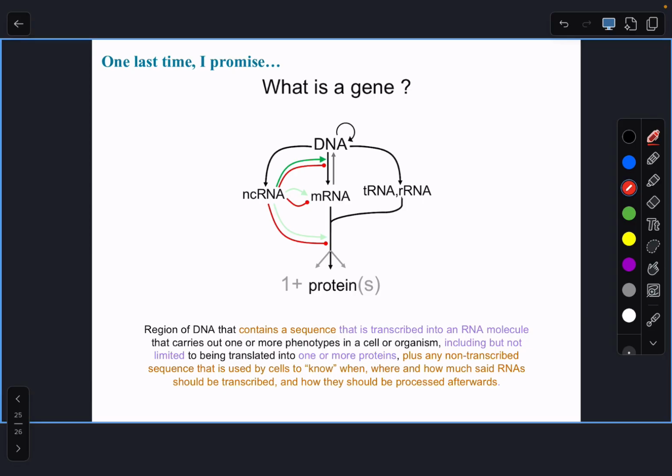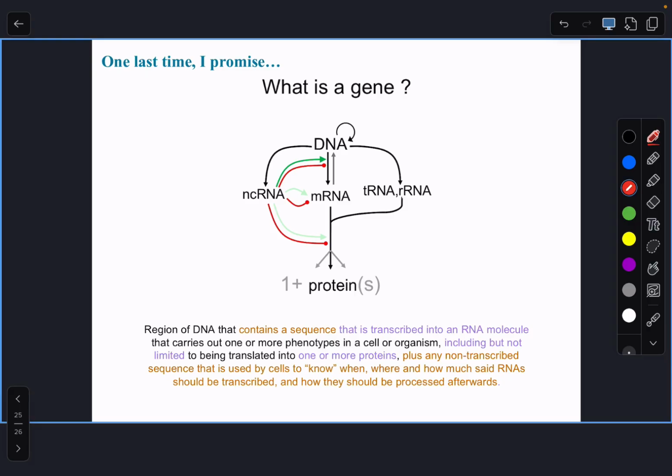for a given RNA transcript, plus any information that the cell needs to know when to transcribe that region of DNA, how much to transcribe that region of DNA, where, as in multicellular organisms, which cells should transcribe that region of DNA, right? And I said when, how much, and where. I think I hit them.